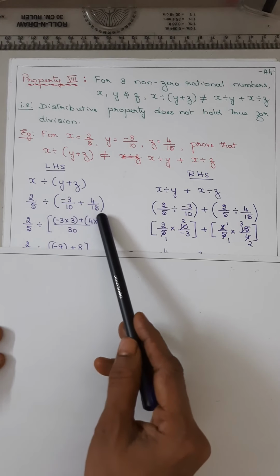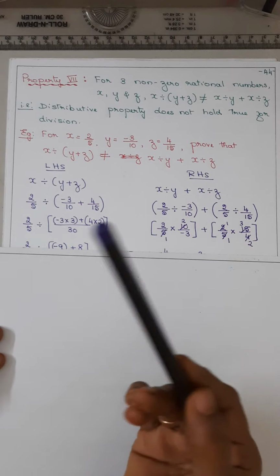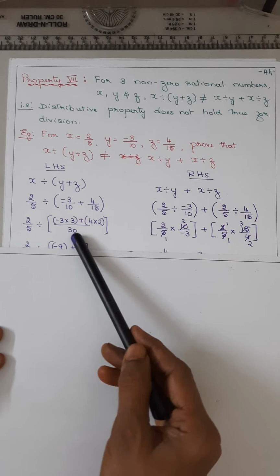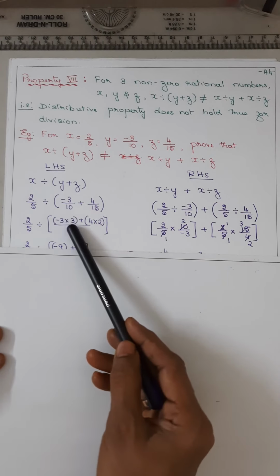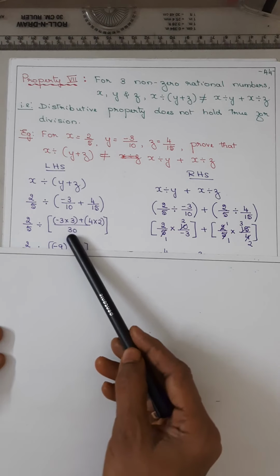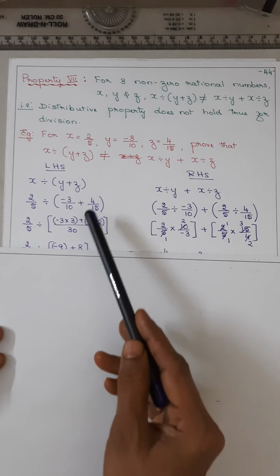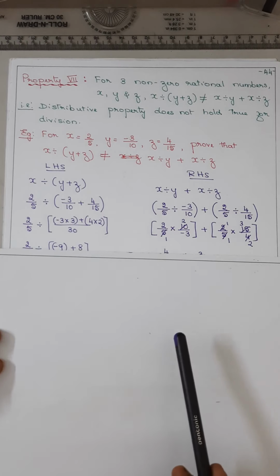Now 10 and 15. 15 1s are 15, 15 2s are 30. 10 is in the table, so 30. So numerator minus 3, 10 3s are 30. Now here it is plus, write 4, 15 2s are 30.